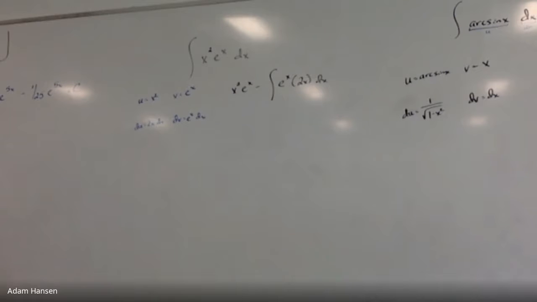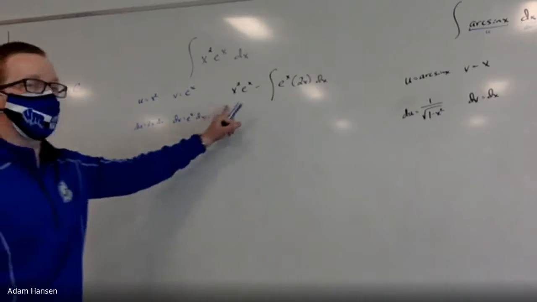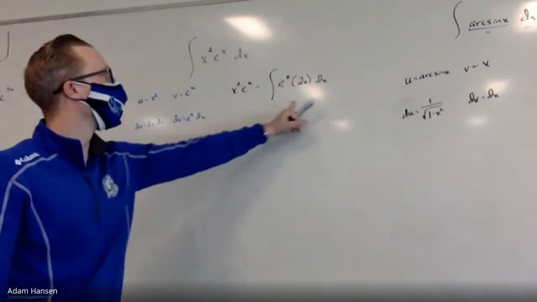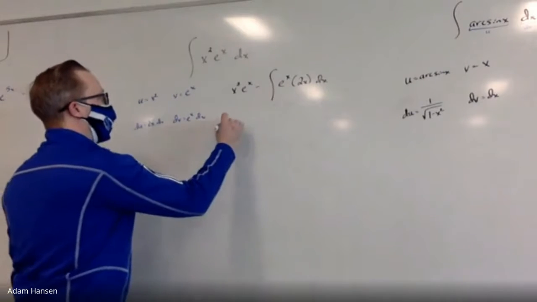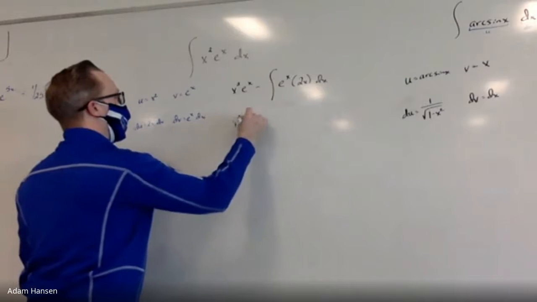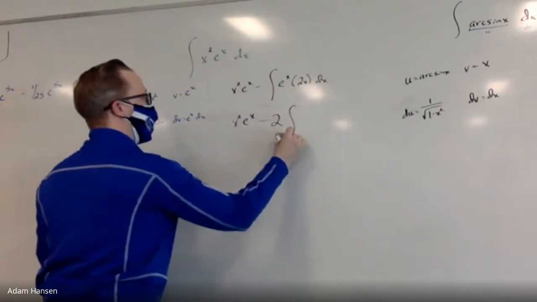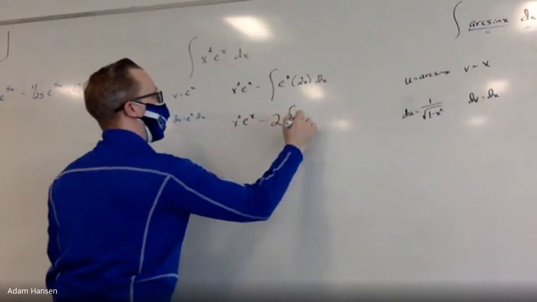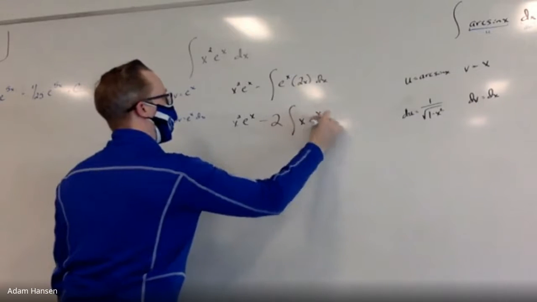I do integration by parts for the first time, and it produces this statement here. I need to do integration by parts again when I factor out the 2 to evaluate this antiderivative.